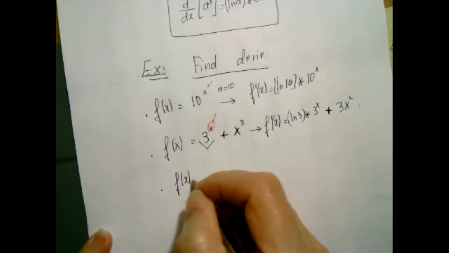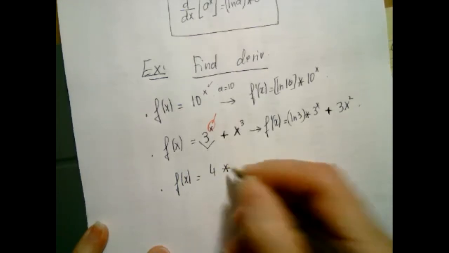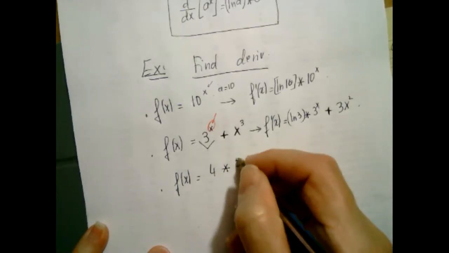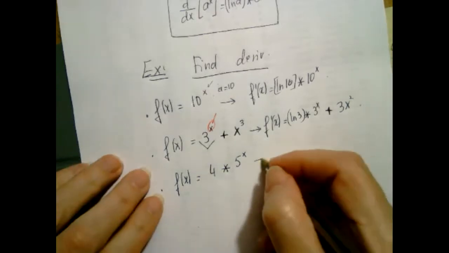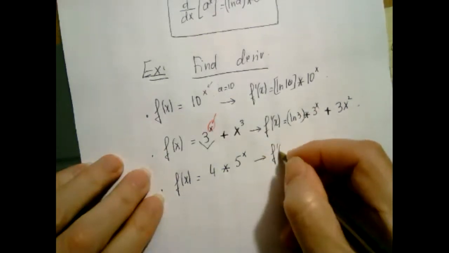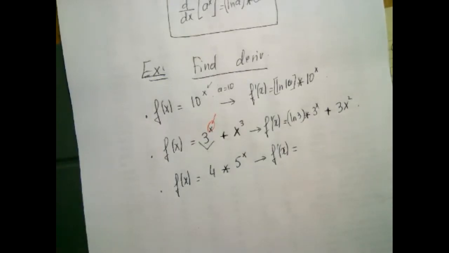Okay, I'll do one more and then we can proceed. Suppose f of x equal 4 times 5 to the x. Still simple stuff. So what is f prime here? I'll give you a minute to give me the answer on chat.